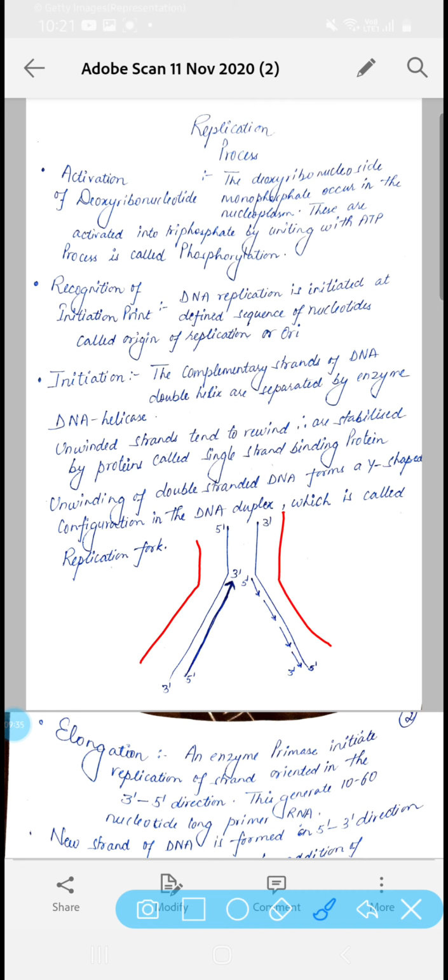Okay, now in front of that new strand is formed from 5' to 3' in both the opposite sides of both the strands, but one of the strand it is formed continuously and another one it is formed in kind of fragments. Okay, so let's have the view that what is the difference between these two strands.